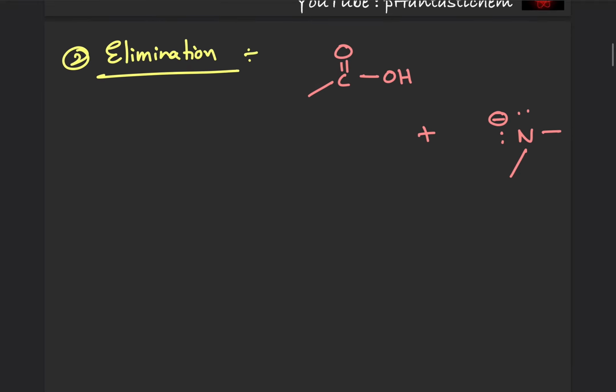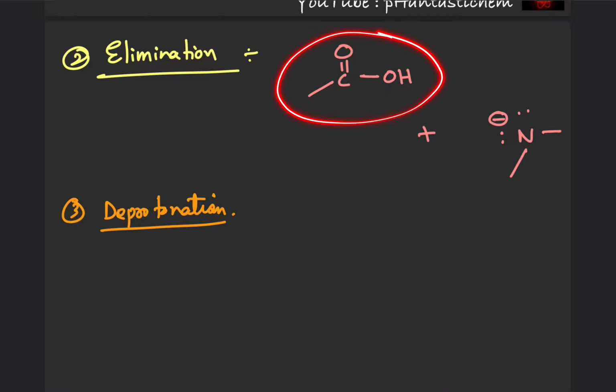And the third step is deprotonation. So in this step, the carboxylic acid, that is this guy, loses an H plus to this nitrogen because it carries a negative charge. So it is desperately looking out for protons.